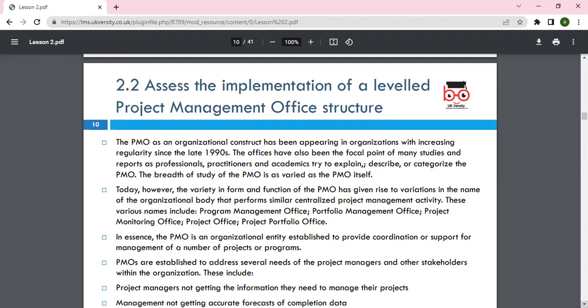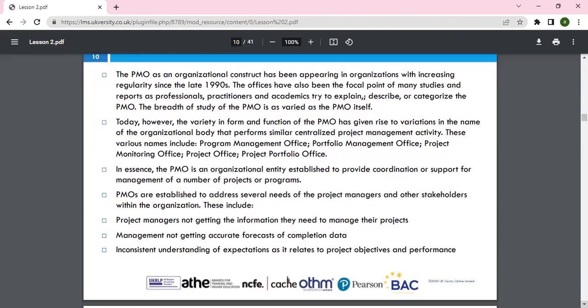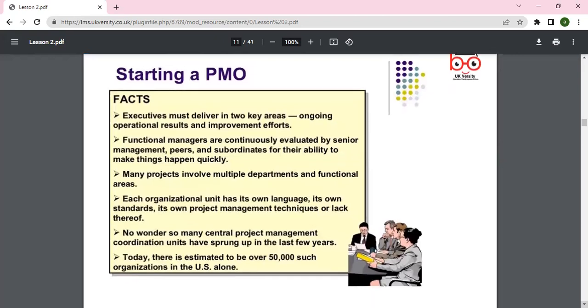Different departments and different managers can look around, and ultimately our objective is to work toward the success of the project. We need more consistency and reflection. So when we say PMO, we need to look at the executive as a key area: ongoing operational results and improvement.